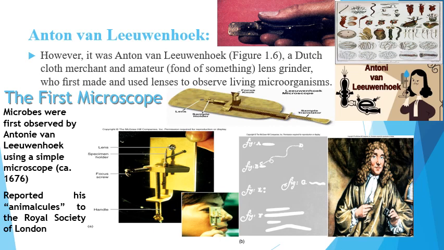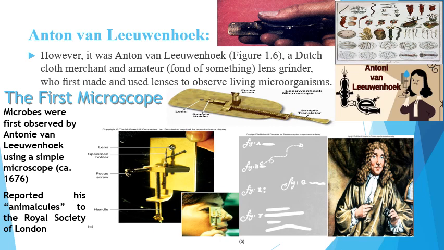His single lens magnified 15 to 300 times. One of his achievements: he wrote a series of papers describing his observations of bacteria, algae, protozoa and fungi through the help of his simple microscope.